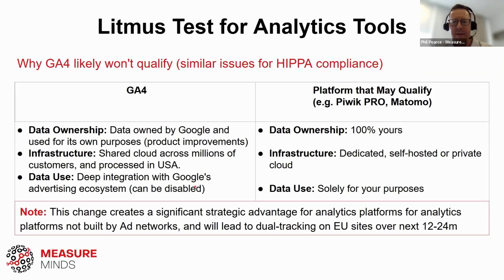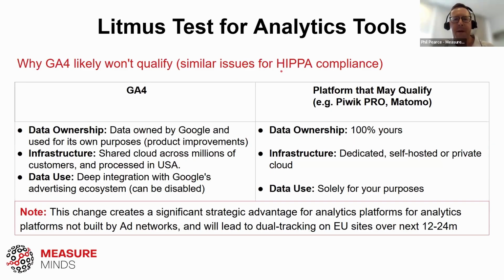So here's GA4 on the left, and then Piwik Matomo on the right. So this data ownership is a problem. A shared cloud or lack of private cloud is also a problem. And then processing in the USA is also a problem. And then the fact that it's owned by an ad network is obviously not ideal.